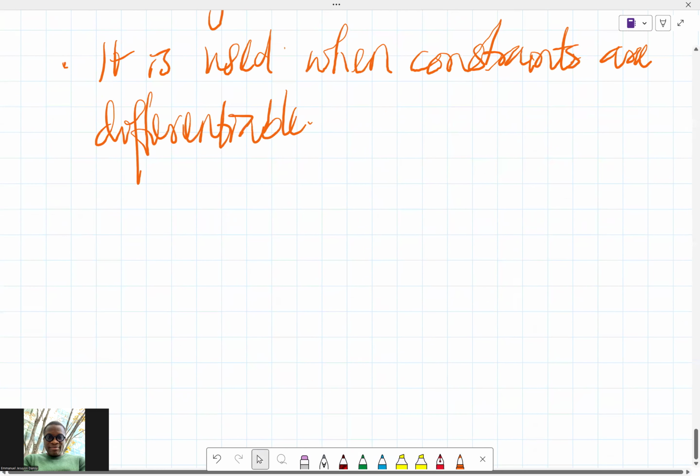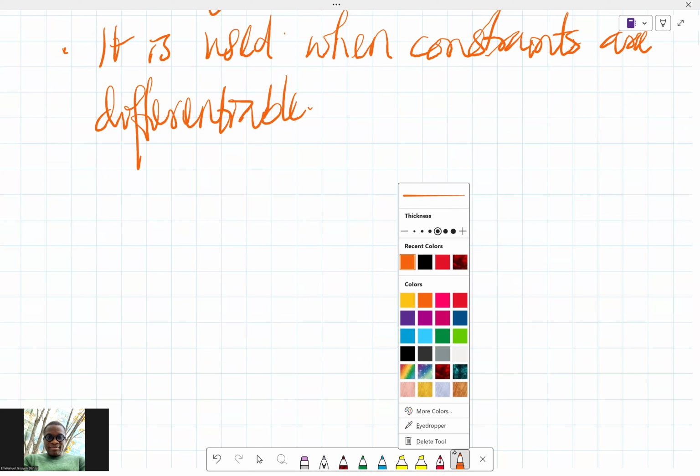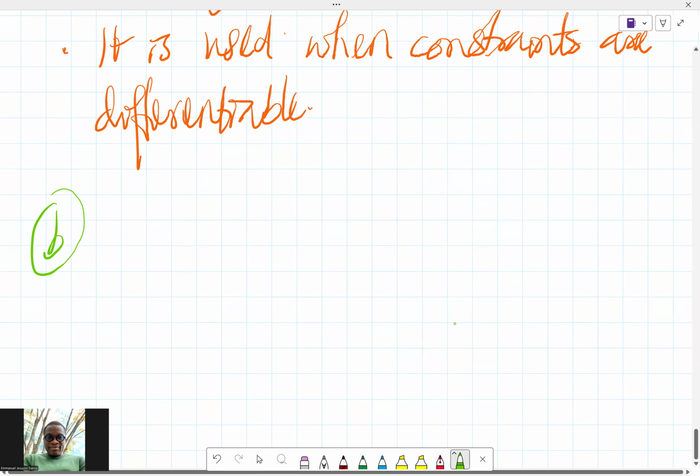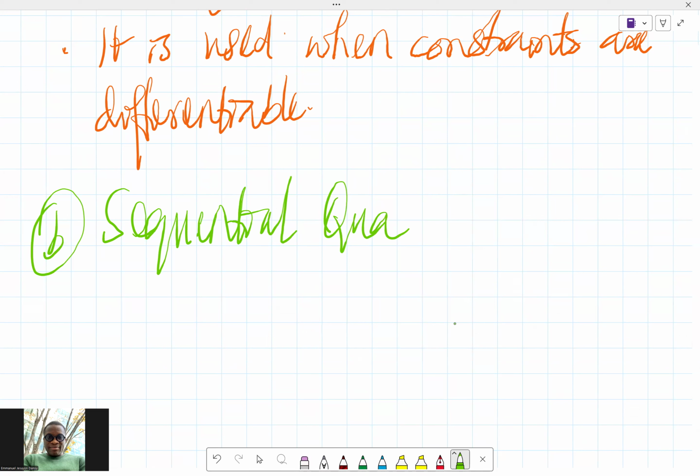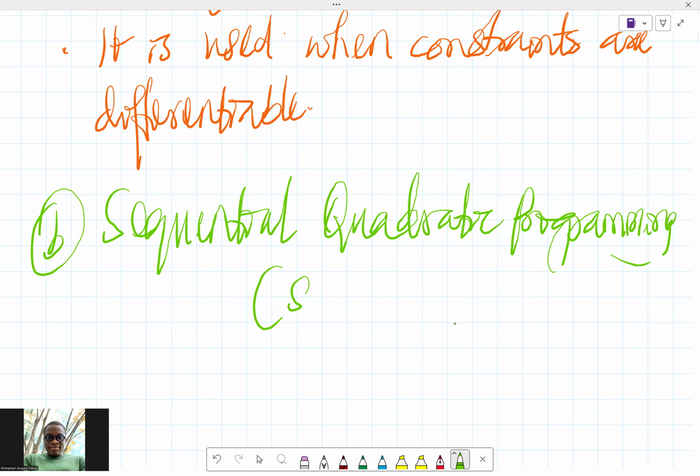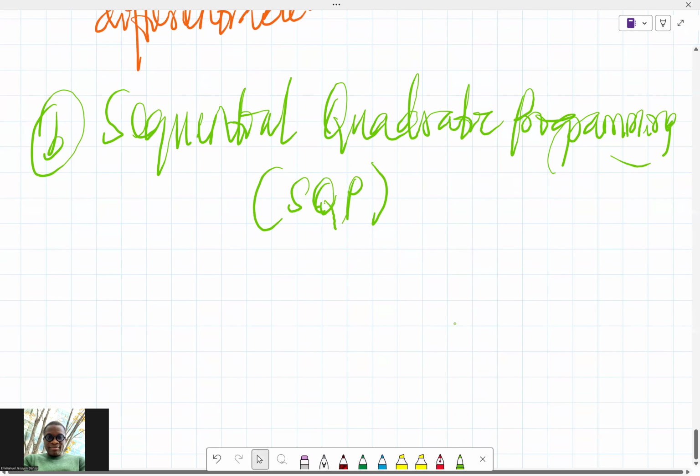Apart from that, we also have sequential quadratic programming, SQP.